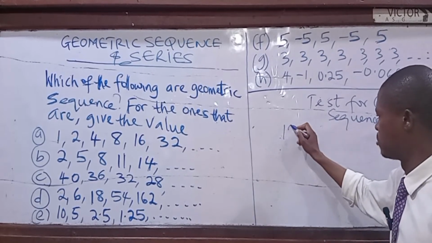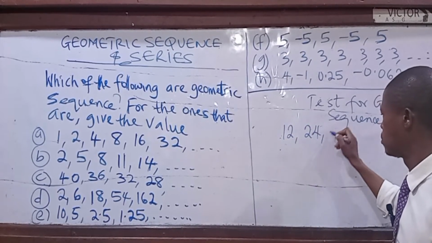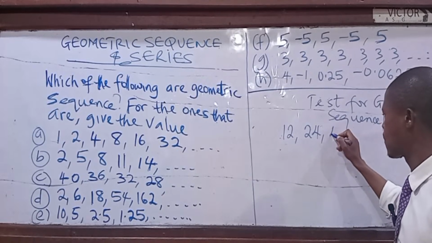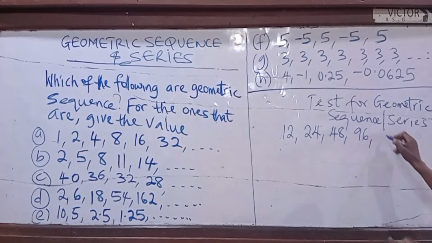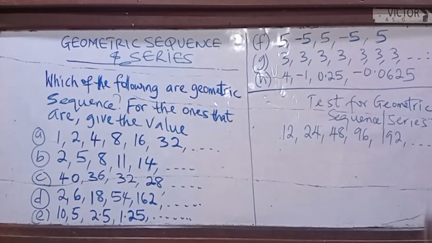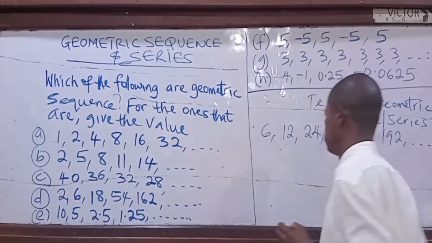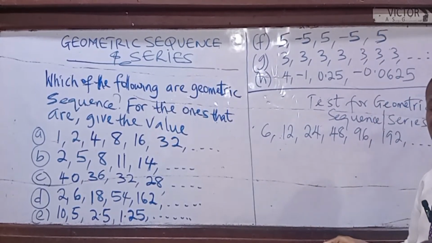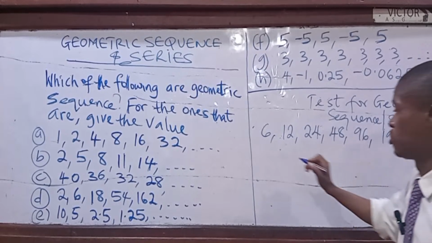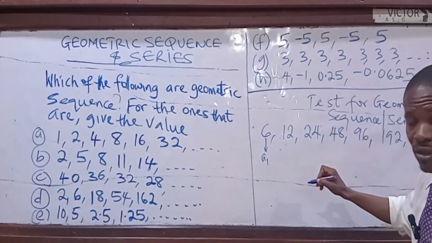Let's play with these numbers: 12, 24, 48, 96, 192. This is an infinite sequence. You can also have a sixth term here. If you want to know whether a sequence or series is geometric, the first thing you have to know: this is what we call A1, the first written number, the first term.